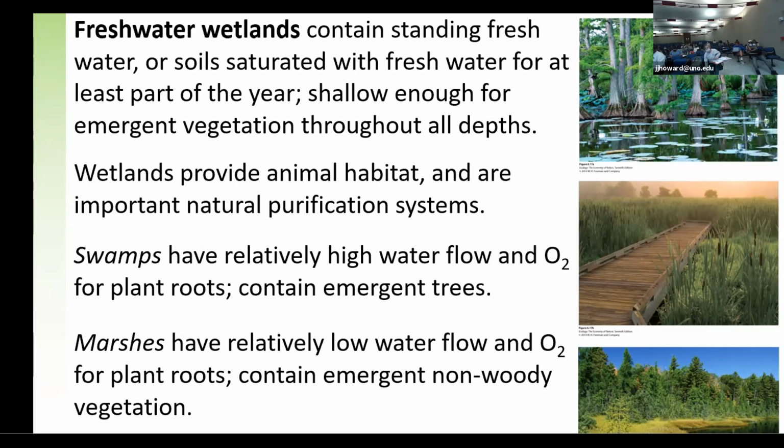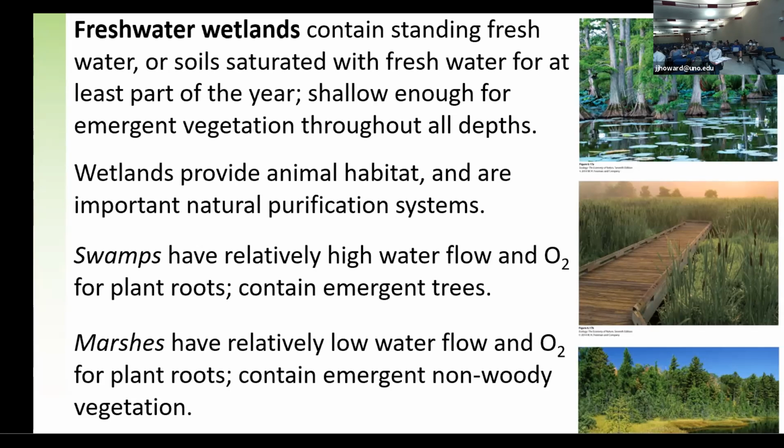And that's because swamps have a relatively high rate of water flow. It's not like a rushing river falling down a mountainside, but it is a steady, slow movement of water past a fixed point. And what that means is that if you have respiring roots at a fixed point, those roots are going to take oxygen out of the water as they respire. That's going to be rapidly replaced by more water that contains more oxygen.